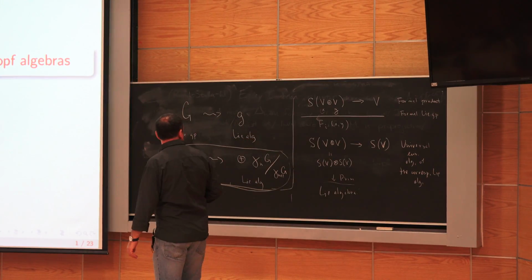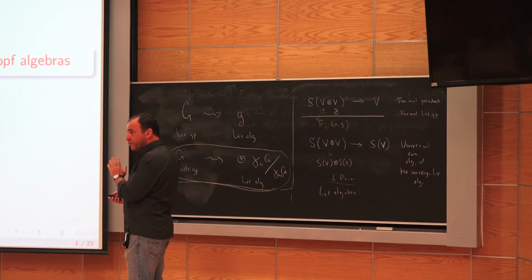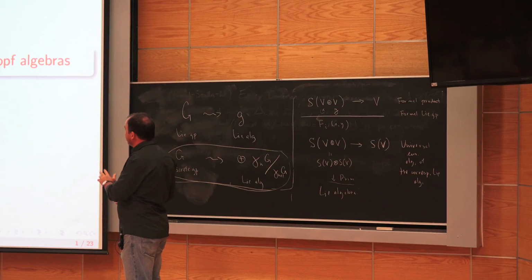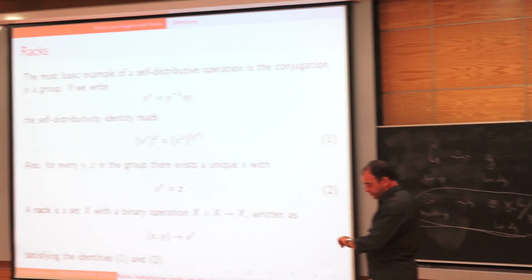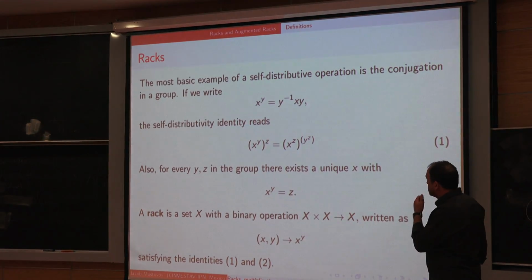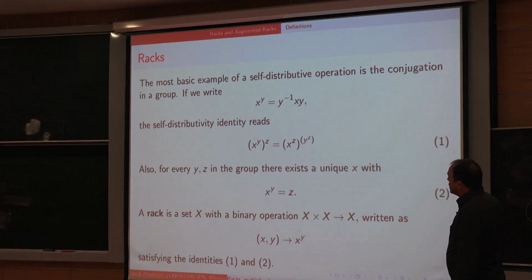So I have a feeling that this was not a very good introduction, but the slides are going to be more clear than this. So first of all, what are these racks? The word is unfortunate, and that's why they're probably not very popular.